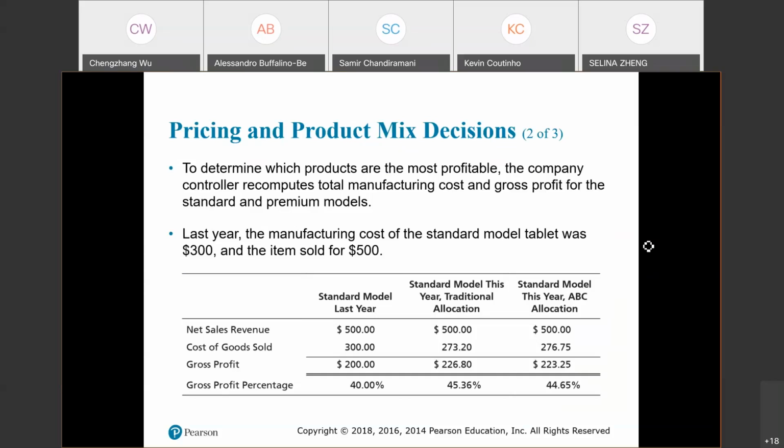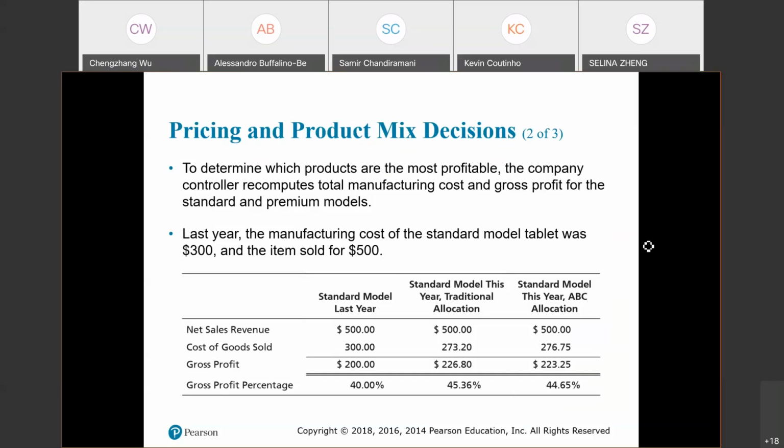The refinement of the costing system with ABC activity-based costing shows actual cost to be slightly higher than calculated with the traditional allocation method.